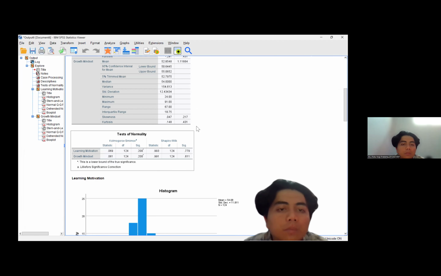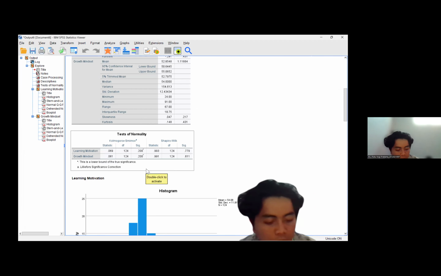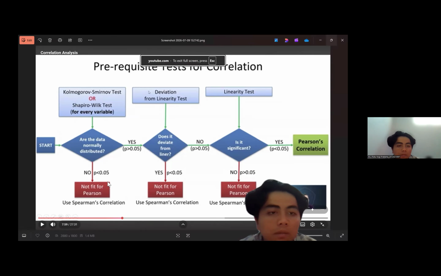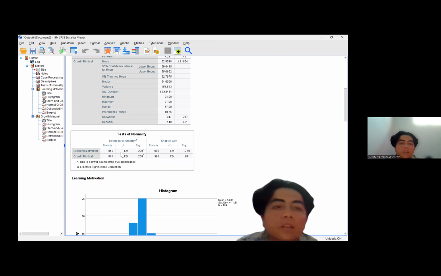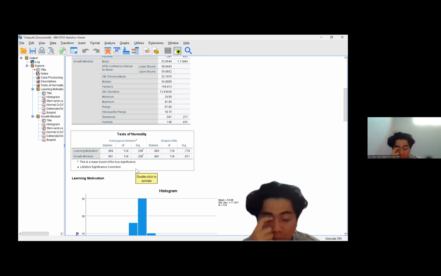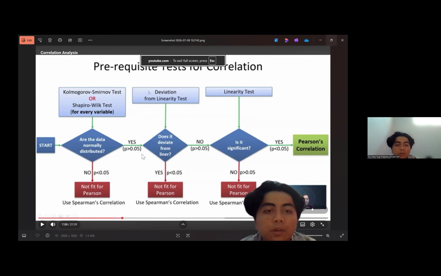And then scroll below, you see the test result of the normality. We need to see if the p-value is above 0.05. In Kolmogorov-Smirnov, both learning motivation and growth mindset have a significance value of 0.200, which is higher than the 0.05.